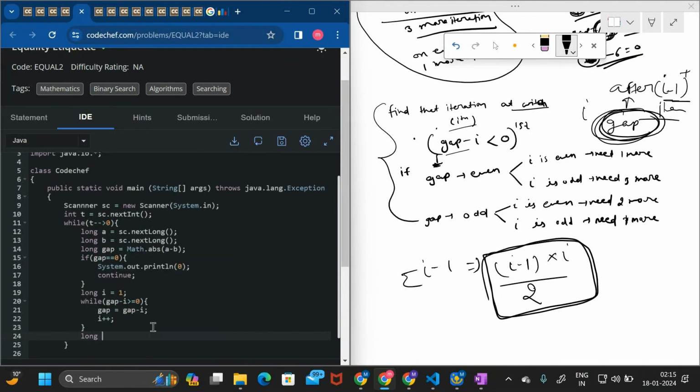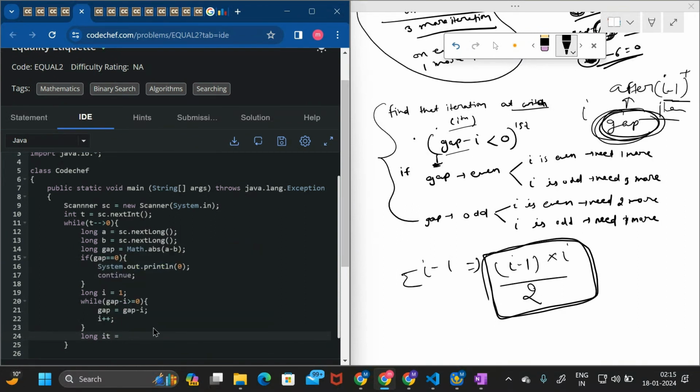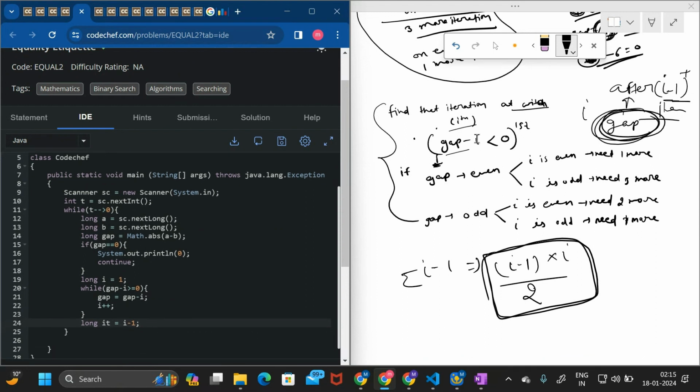So our number of iteration equal to I minus 1. Okay, now we apply these conditions.